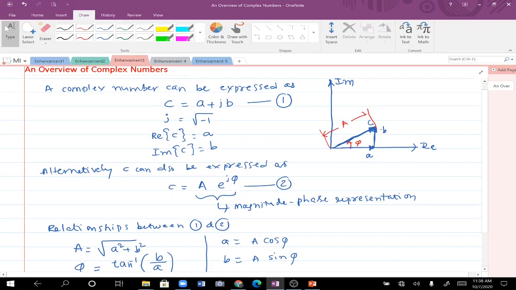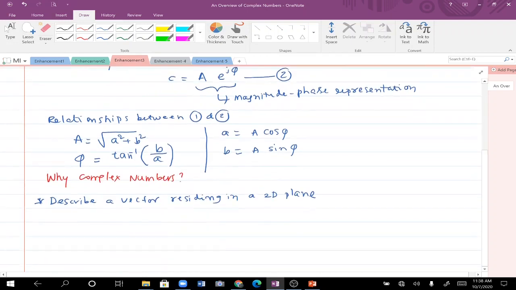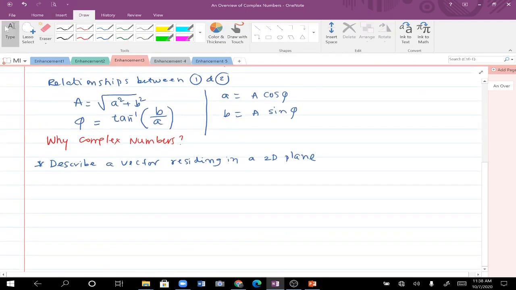It has not only magnitude but also phase. Suppose you have a current which has a magnitude of I and makes an angle of phi with your reference plane. If you represent it as I times e power j phi, then all your analysis becomes very convenient.